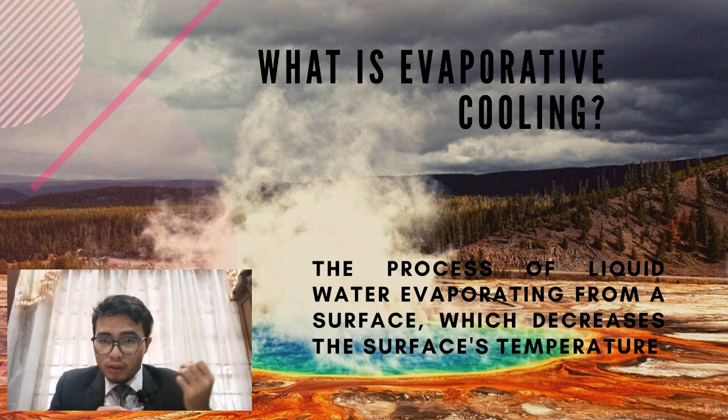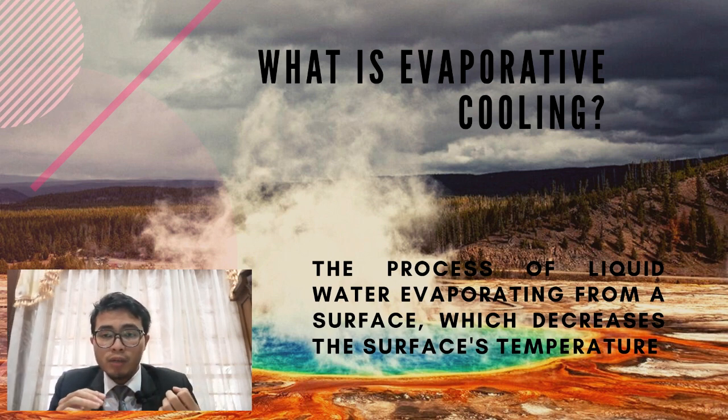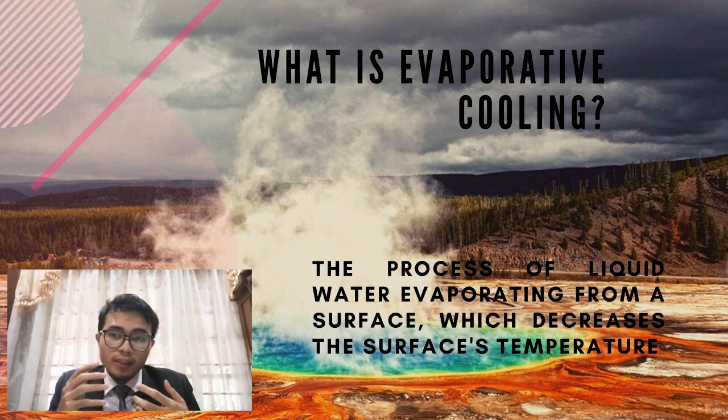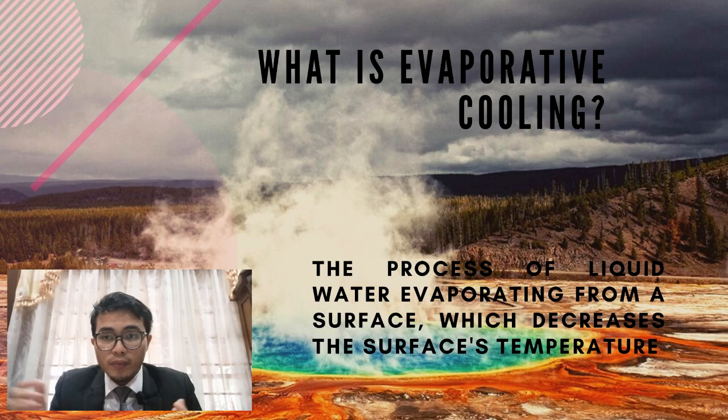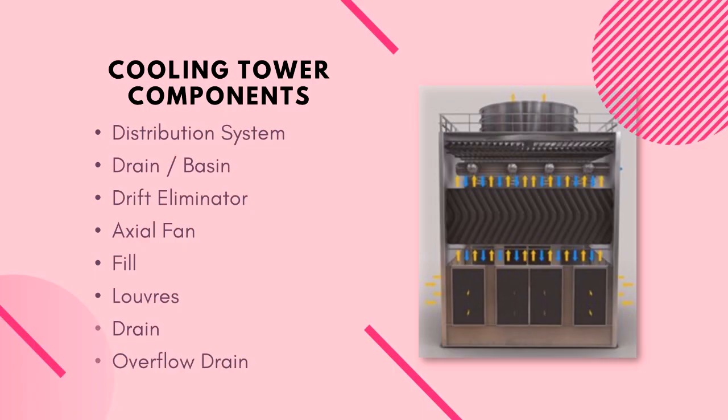And due to constant improvement amongst the engineers, they have finally conceived a cooling tower that runs at high efficiency, just like what the industry uses today. Before I explain the cooling tower principle or the working mechanism, I would like to share the cooling tower components and their specific functions.